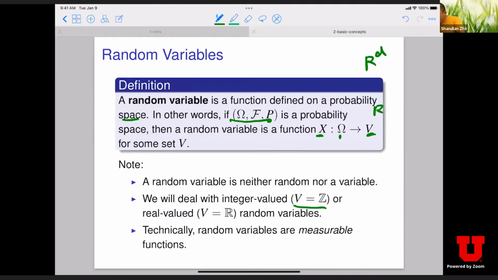If you choose V to be integer values, then your random variable is actually a discrete random variable. If you choose V to be R, then it is a real value random variable. If you choose your V to be a vector of real numbers, then it is a random vector.